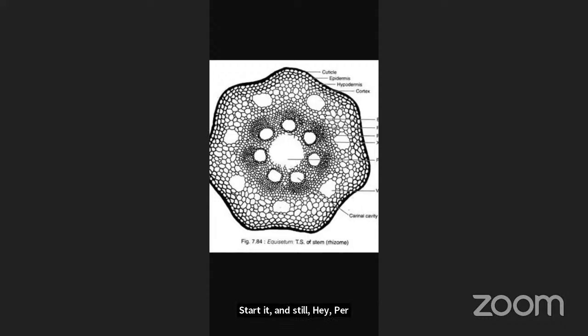The epidermis consists of a single layer of cells, and the outer walls are very thickened with silica deposits. That's why we can feel the very rough texture. There are also fine granules and rosettes or spines.